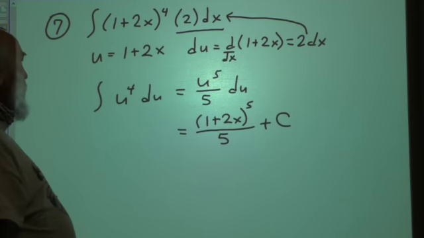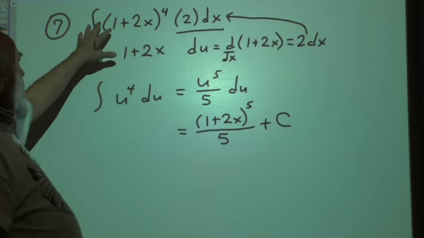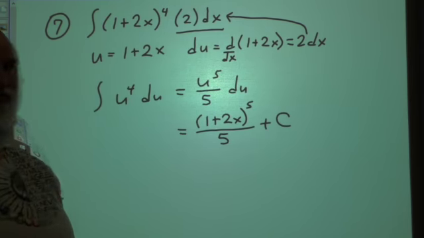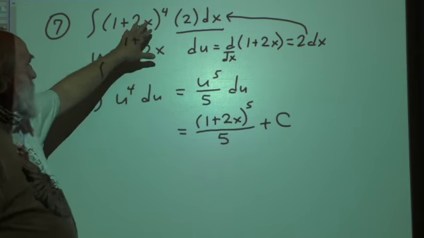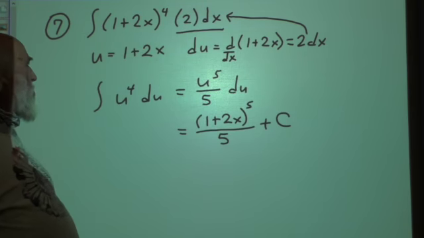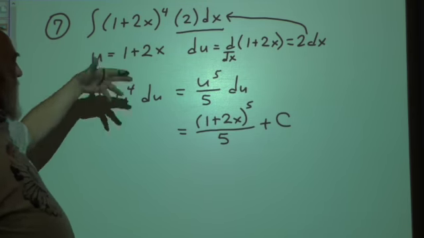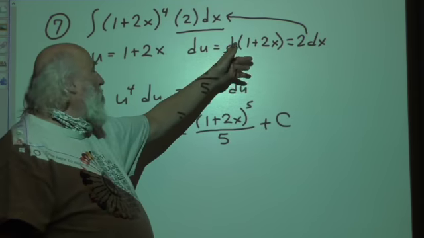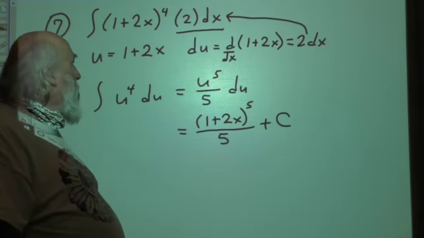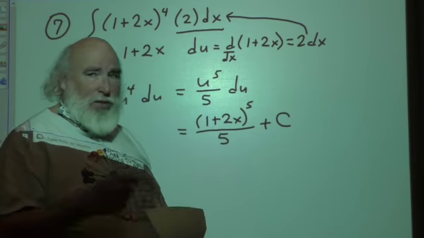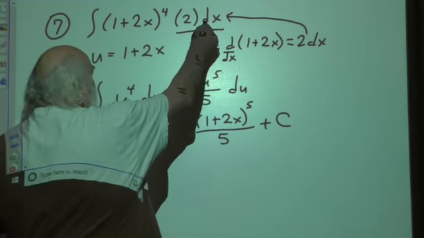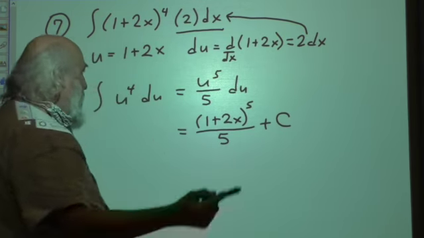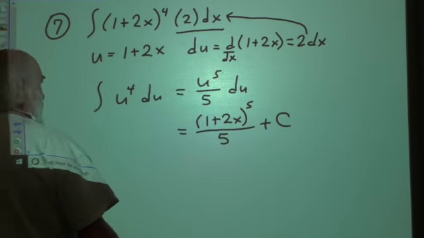We're going to take the integration at number 7. This is the problem right here. So obviously the u is going to be what's inside this parenthesis here, 1 plus 2x. The du is the derivative of u, which is the derivative with respect to x of 1 plus 2x, which is 2 dx. Well, in the problem, we have 2 dx, and so we'll replace this with du and then integrate it.